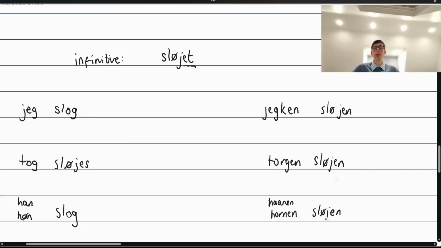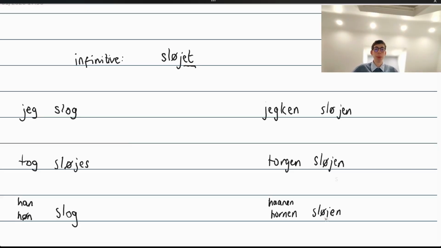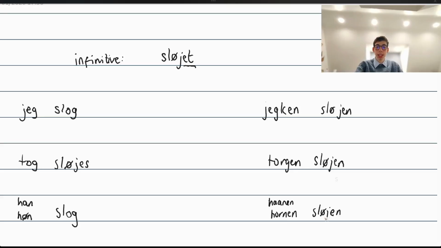Now remember when I said before that the problem with the I form and the he form being the most simple to construct is that they're also the most likely to be irregular or have problems. Well, this is an example of this.